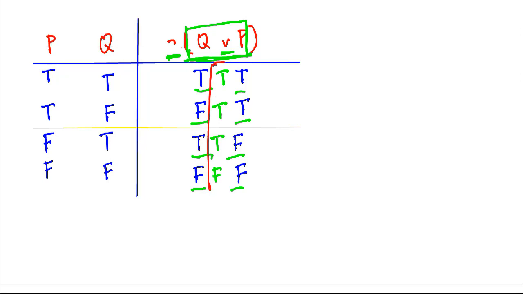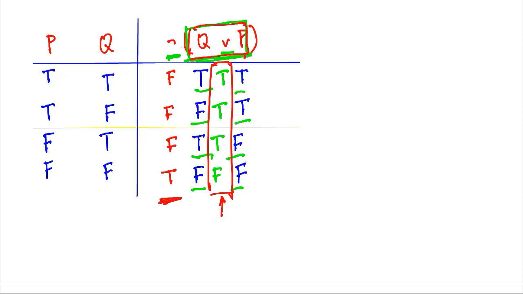Okay, so now that we have this, these are the truth values for Q or P. So the truth values for not Q or P are just going to be false, false, false, and true.